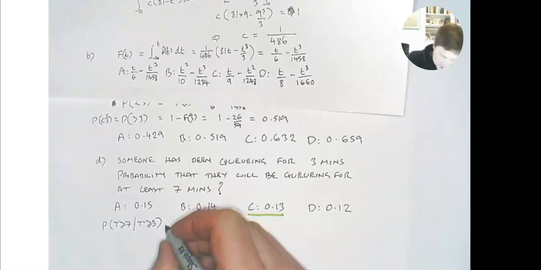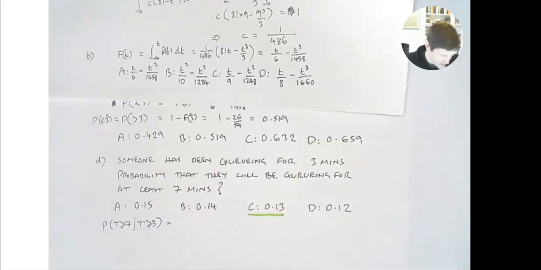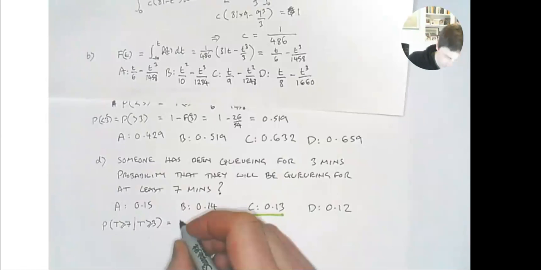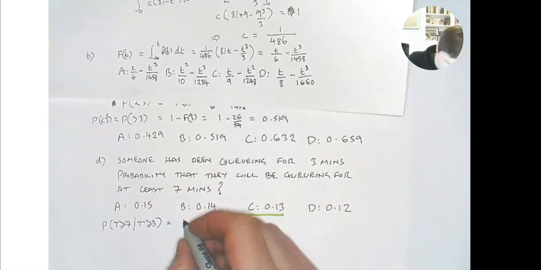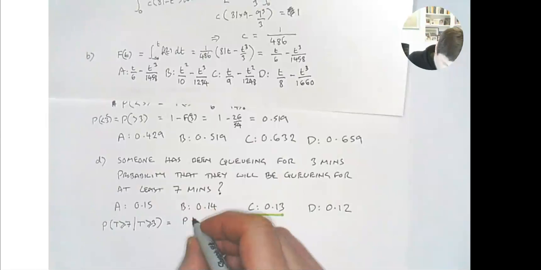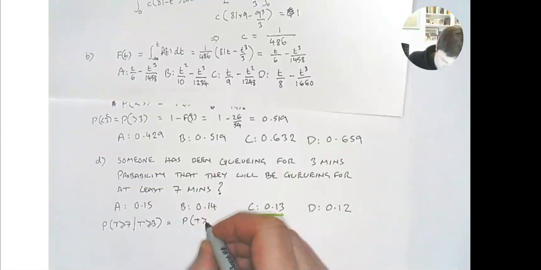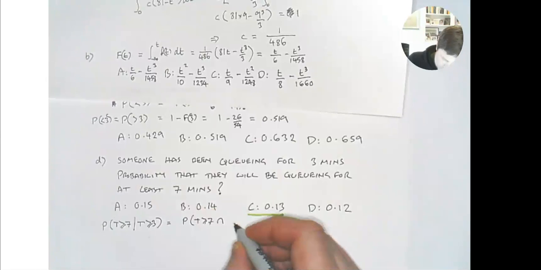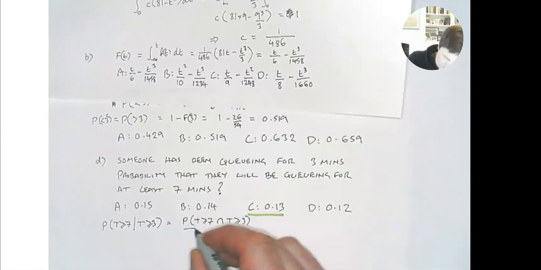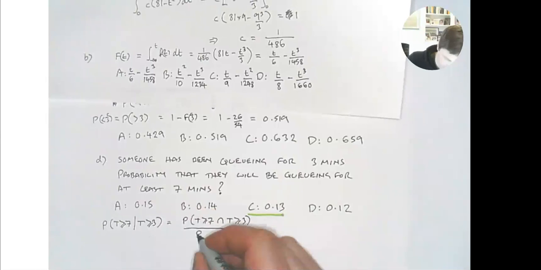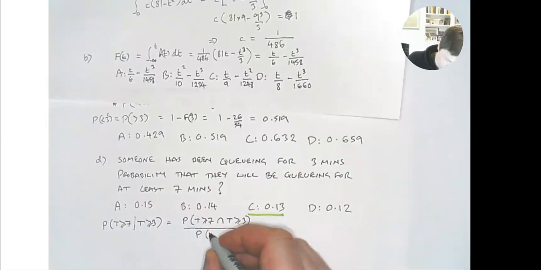Okay, so how can we do that? Well, one way to do it is to use our rules of conditional probability. So the probability of that given that is equal to the probability of them both being true, divided by the probability that t is greater or equal to 3.